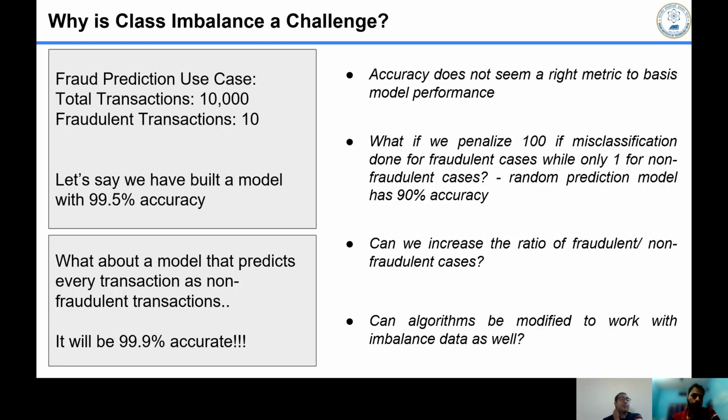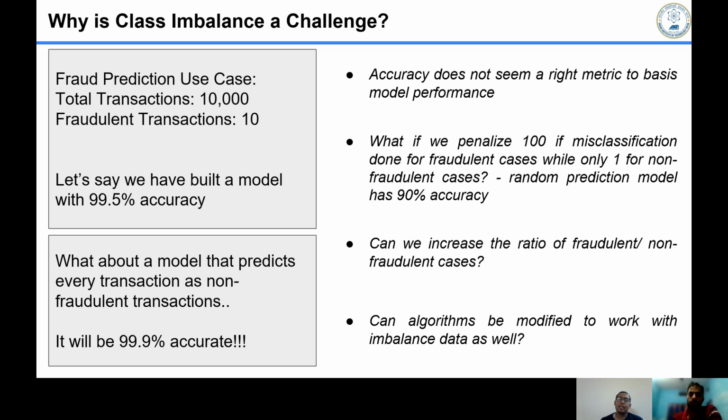So let's say for the fraud use case, we have built a model with 99.5% accuracy. But what does this 99.5% accurate model mean in this use case? Think of another situation where we have built another model that flags each transaction as non-fraudulent transaction.